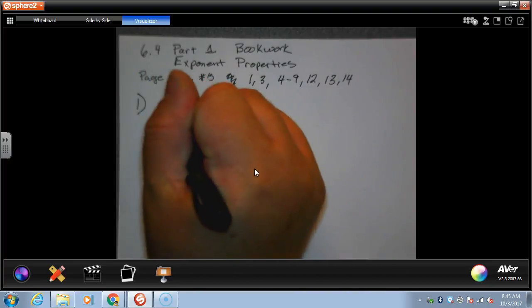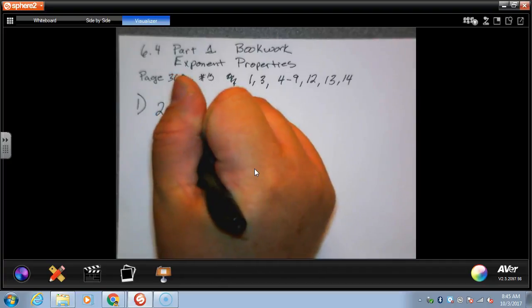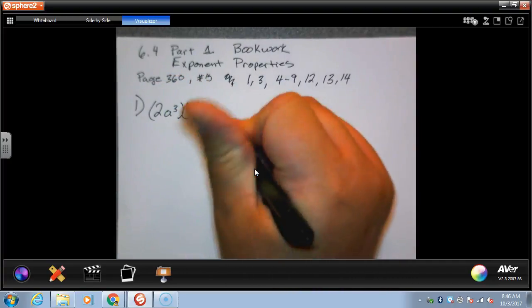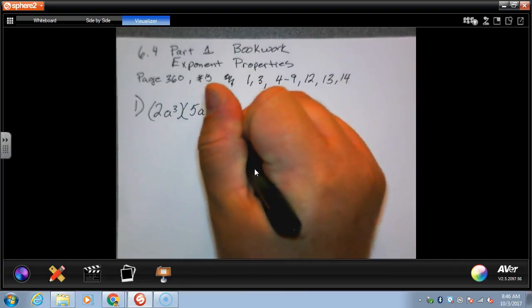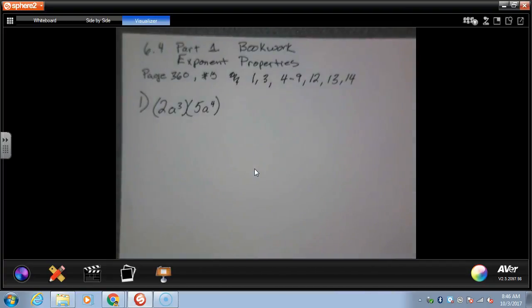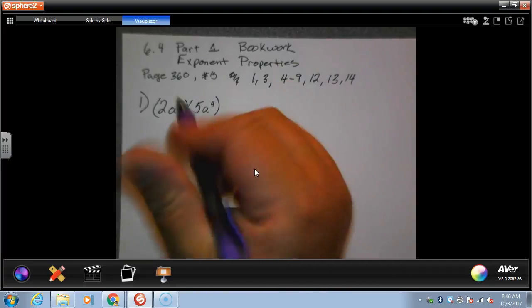I have 2a to the third times 5a to the fourth. Now, if you're having a little bit of trouble organizing this stuff, remember multiplication is commutative, so I can always change order.